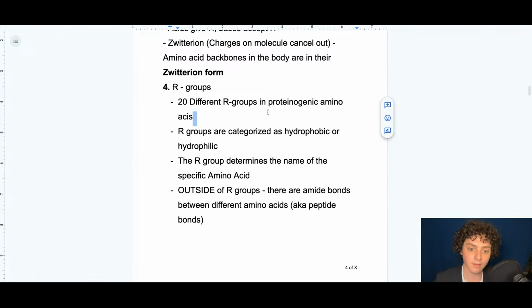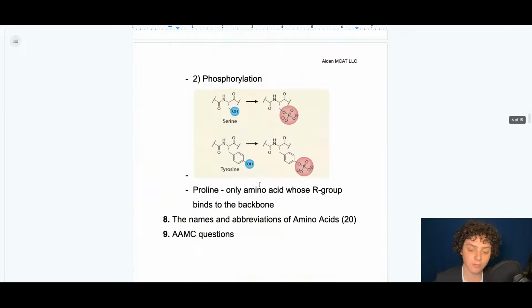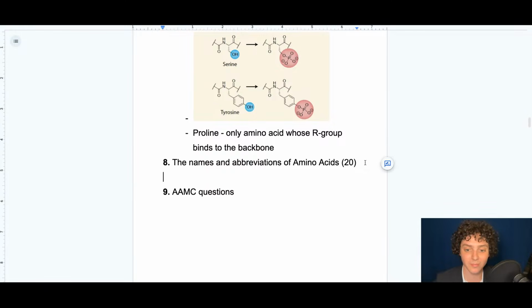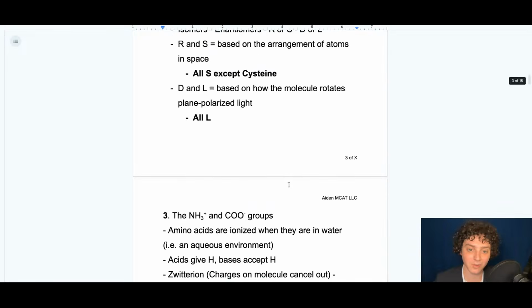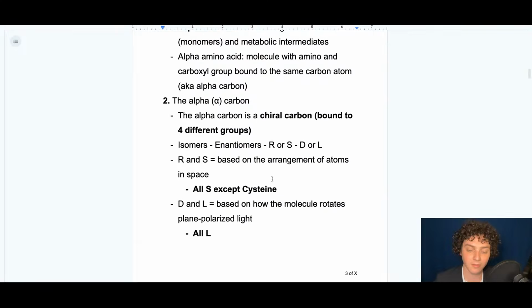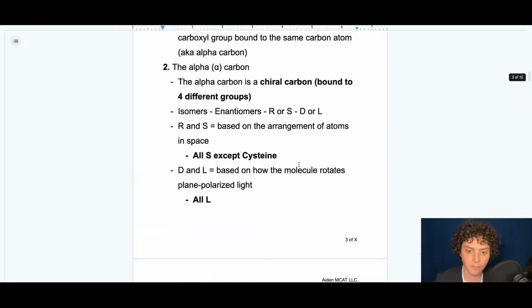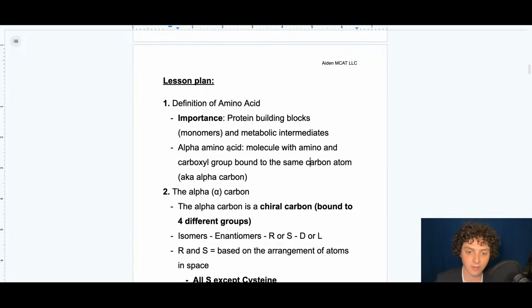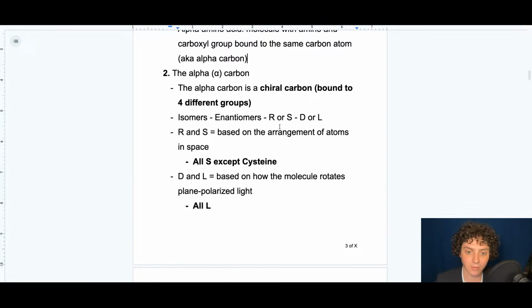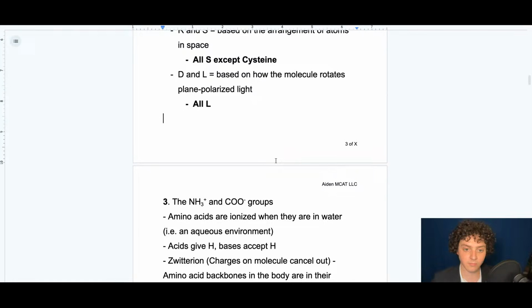Before moving on and talking about memory tricks or just memorizing the names and abbreviations of all the amino acids, I want to briefly touch on the alpha carbon. A special amino acid is the first amino acid that we're going to be memorizing, and so we might as well memorize it right up here, and that is glycine, which is the amino acid with the R group of hydrogen.